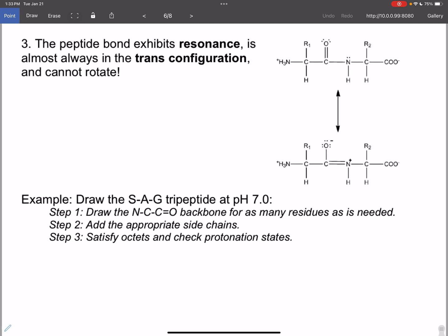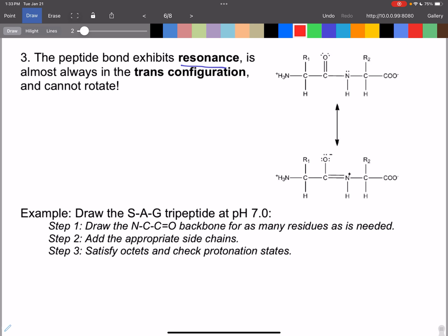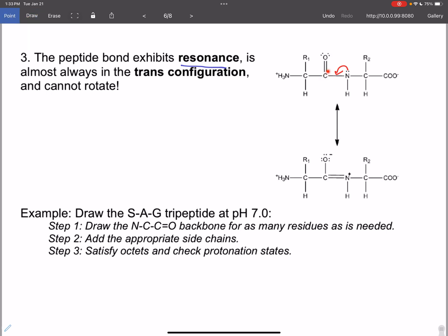You might remember the term resonance, and this is when electrons can move around. And so what we're kind of showing here in this figure on the right is that the electrons that were hanging out in this lone pair on that nitrogen, they can kind of pop down here to form a double bond between the carbon and the nitrogen. And then again, carbon would say, hey, I can't do that.